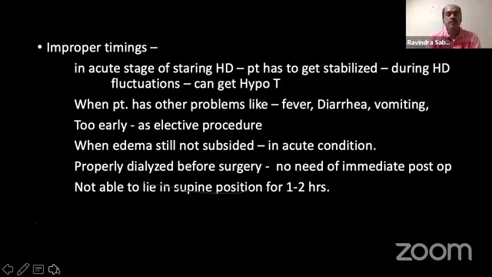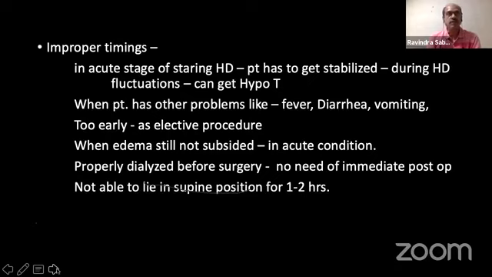Then improper timing, because if you don't dialyze the patient properly just before surgery, then again it is not proper. After you do a fistula, for at least 24 to 48 hours it is better not to do dialysis, simply because during dialysis they have to give a lot of heparin.